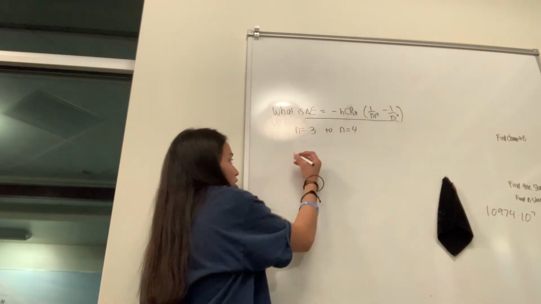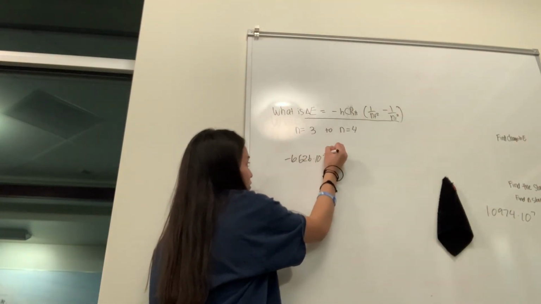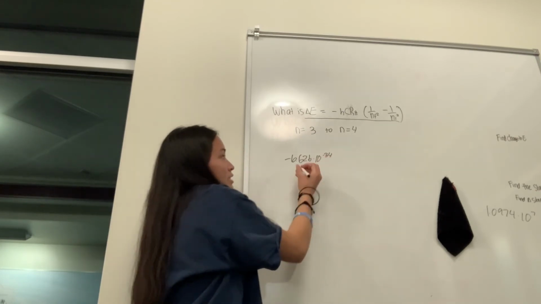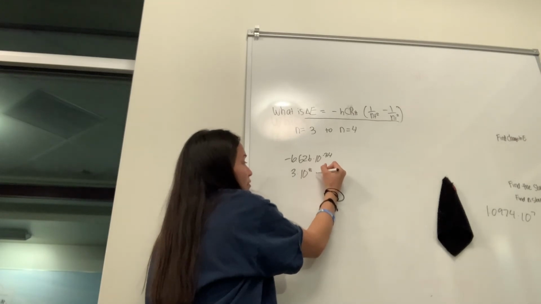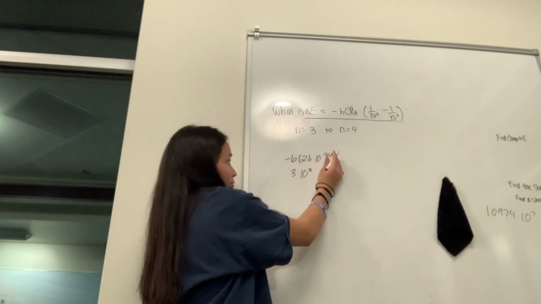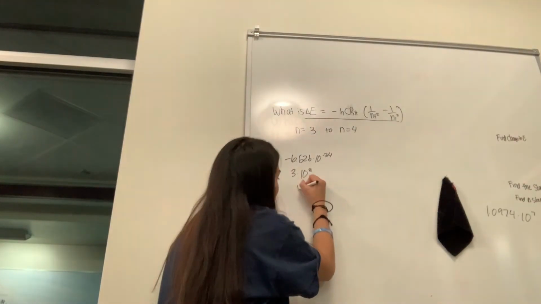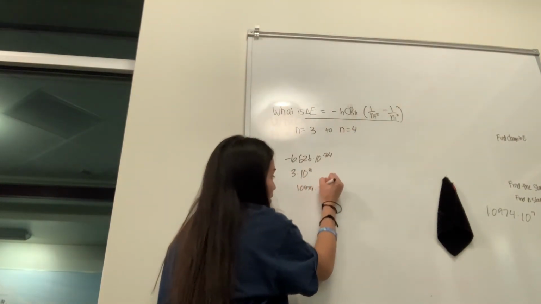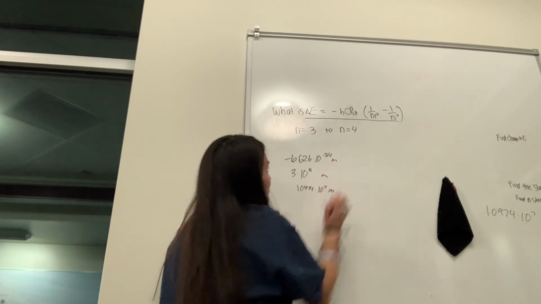H is Planck's constant, which is 6.626 times 10 to the negative 34. C is 3 times 10 to the 8, which is the speed of light. And R is 1.0974 times 10 to the 7th per meter. Okay, we have our units here.